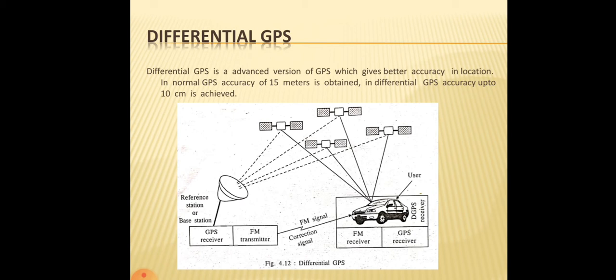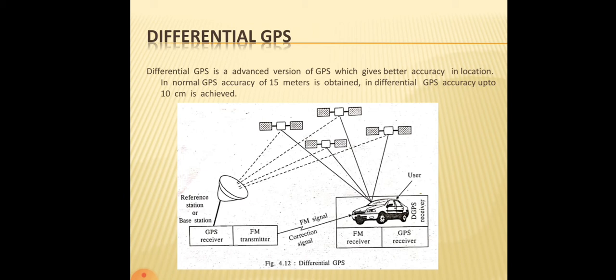So this is corrected by what? By differential GPS. A differential GPS receiver is fitted to all users, consisting of an FM receiver in addition to the GPS receiver. You can see in the figure what all it will be having. An FM receiver receives the signal first from the FM transmitter located at the DGPS, that is differential GPS base station, called the reference station.